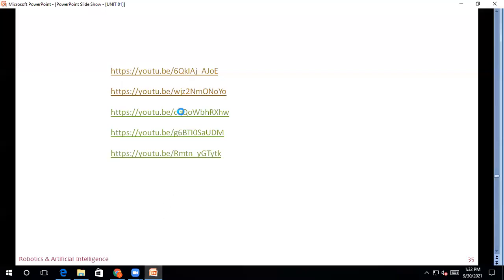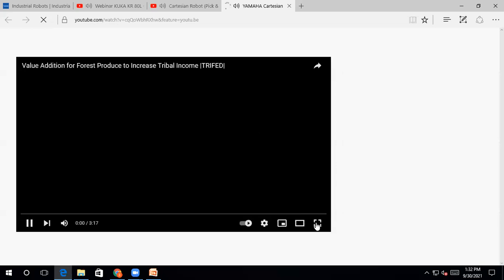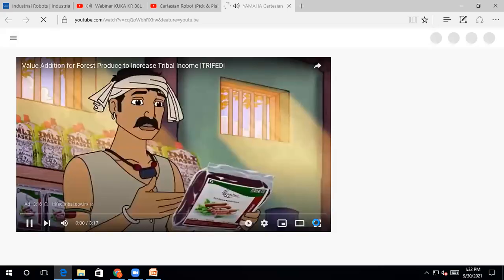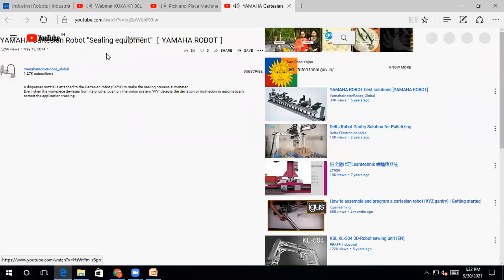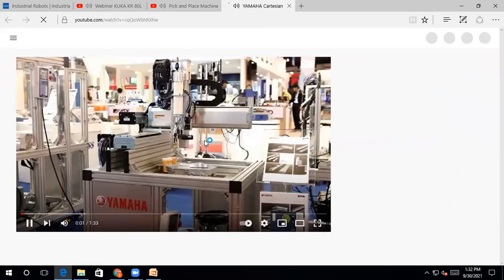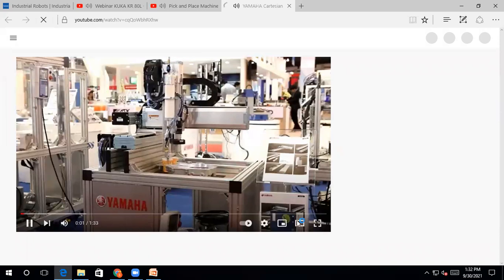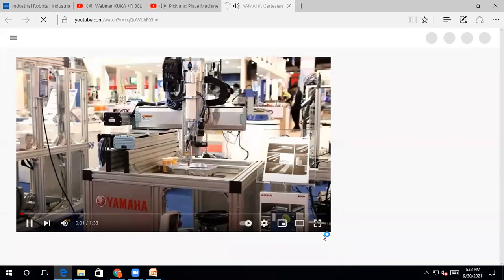Now next, see that now. This is a Yamaha robot, partition robot.